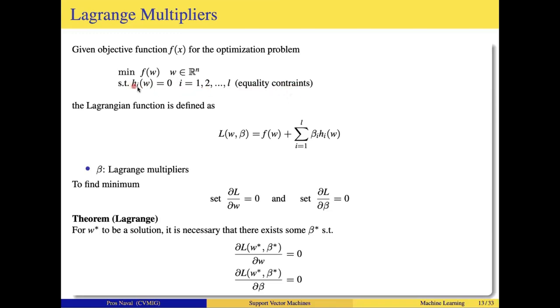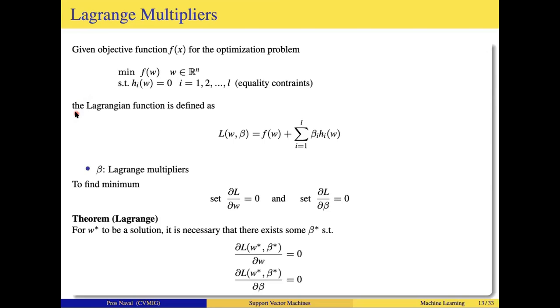You want to have another function that relates the variables here in f equal to 0. So this is an equality constraint.